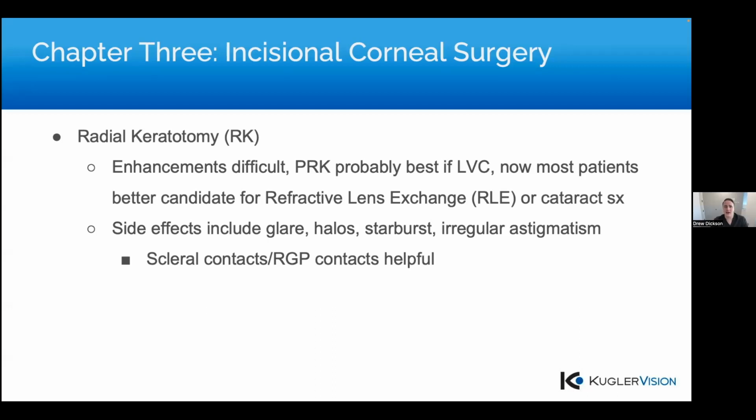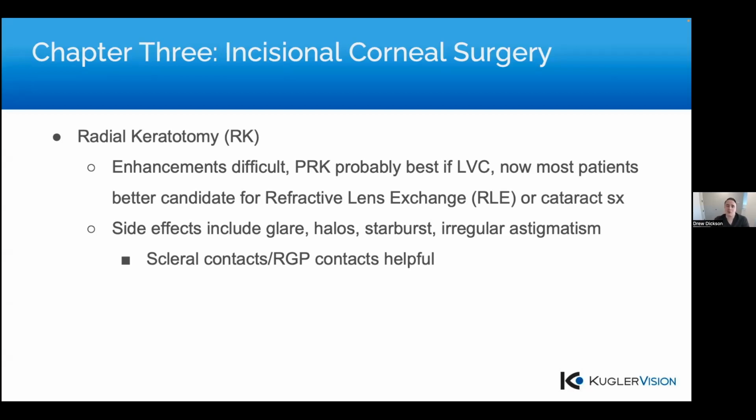Many people with RK have issues with glare, halos, starbursts, and a lot of issues relating to irregular astigmatism that forms. We always tell our RK patients before any lens-based surgery that there's nothing that's going to give them the quality of vision like a scleral lens or a rigid gas permeable contact lens to smooth out those corneal irregularities and get rid of all of those higher aberrations that they're getting from their irregular astigmatism.